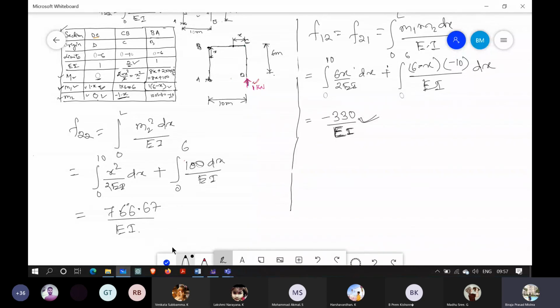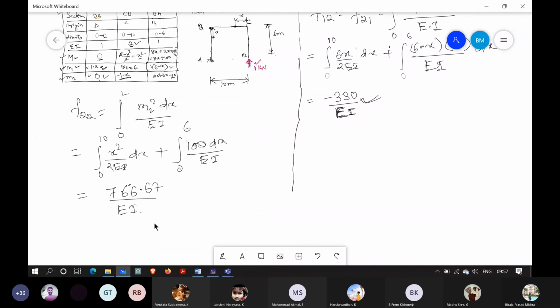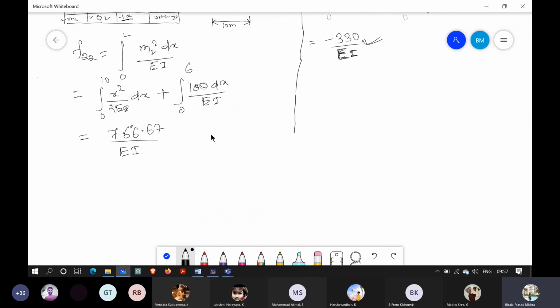Okay, so now the next step is we'll finish this step 3. So step 3 is determination of the redundants.